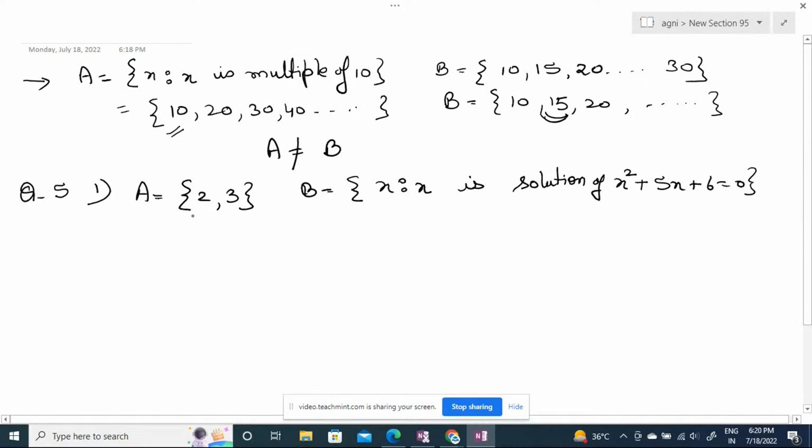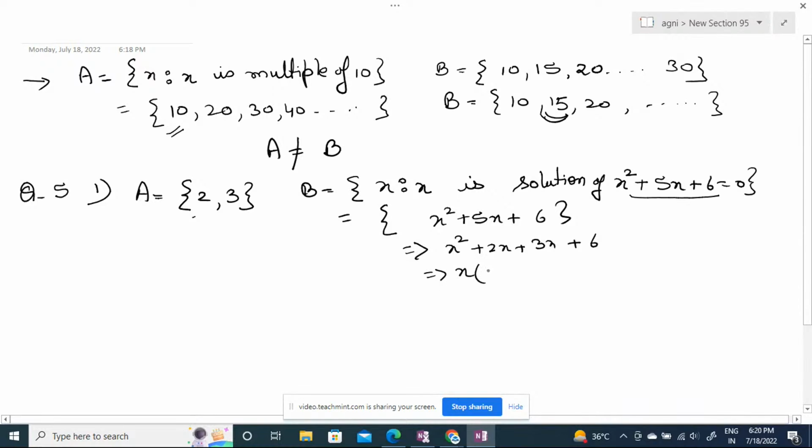Now elements of A are given. Now we have to find the elements of B. That means we have to factorize this, x square plus 5x plus 6. Now when we factorize, we get x square plus 2x plus 3x plus 6. Now we take common, x plus 2 and x plus 3.